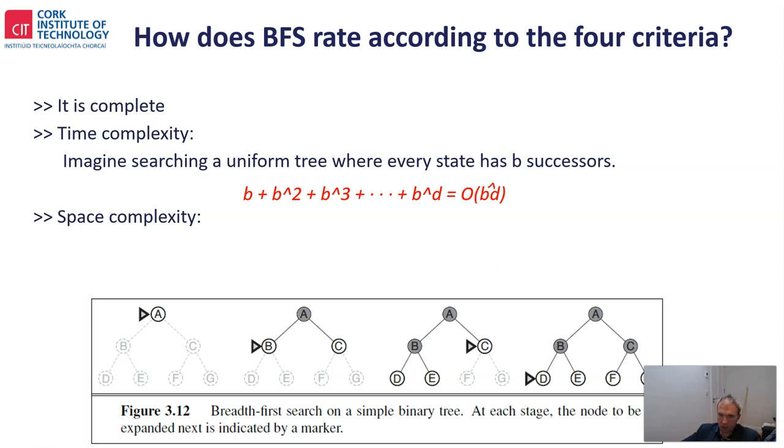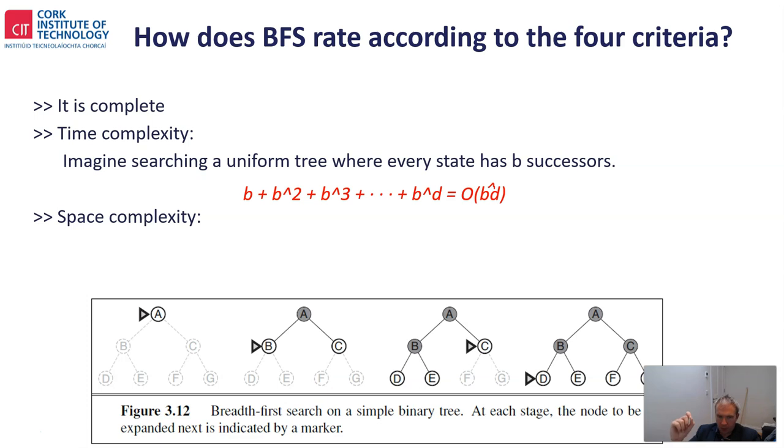Okay? In terms of space complexity, well, okay. So I guess I can change that. The reason it's b to the d, okay.